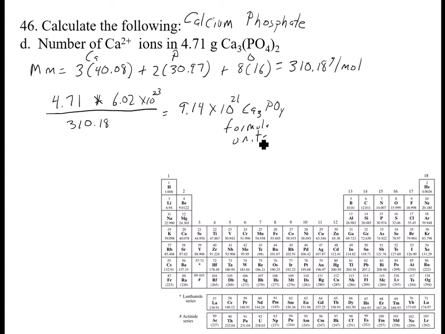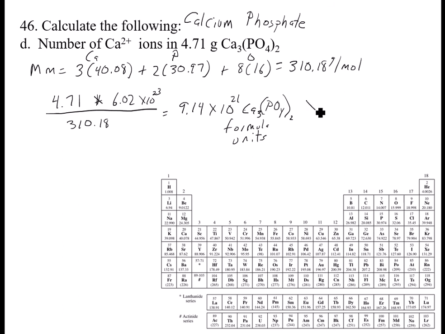which is not quite what this asked for. So you see this was for the whole compound, so I had to calculate this first. But it's asking for just the calcium. So how many calciums are there per compound? And the answer is 3. You see that here, right?